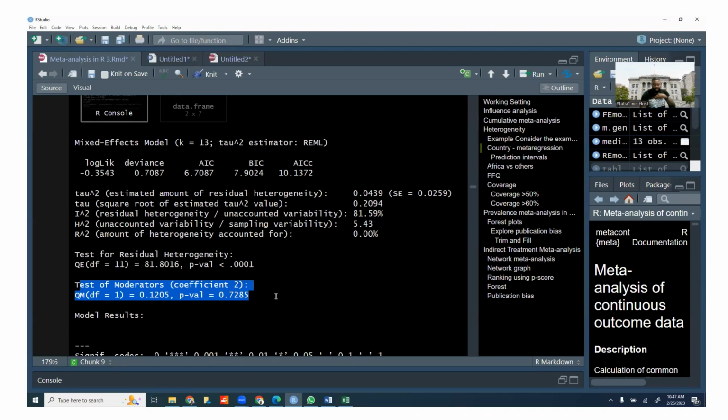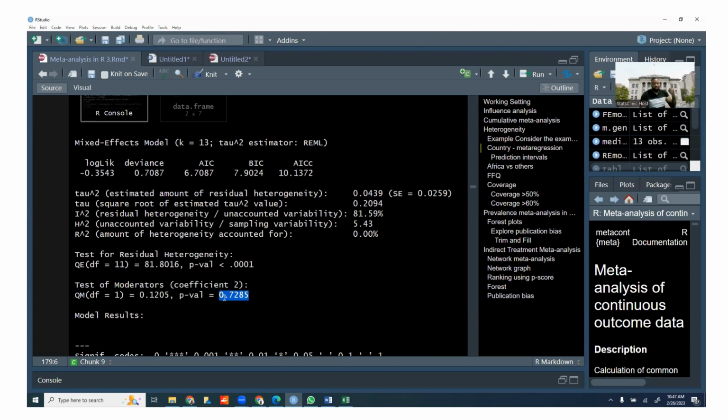And a quick explanation: this is basically taking the estimates that you have obtained in your model and then adding country to it as a regression, like a simple regression model, and then you read off the estimate. So this is the p-value of interest, 0.73.